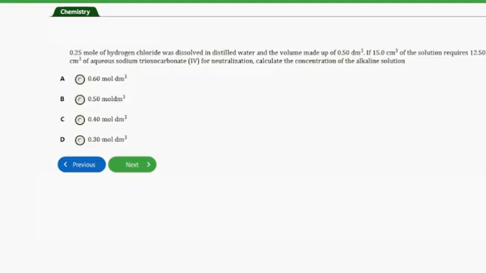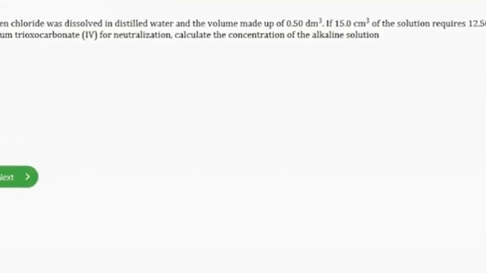If 15.0 cm cube of the solution requires 12.50 cm cube of aqueous sodium trioxocarbonate(IV) for neutralization, calculate the concentration of the alkaline solution. So guys, here again we need to state out the equation of the reaction. So let's zoom into our workspace first.